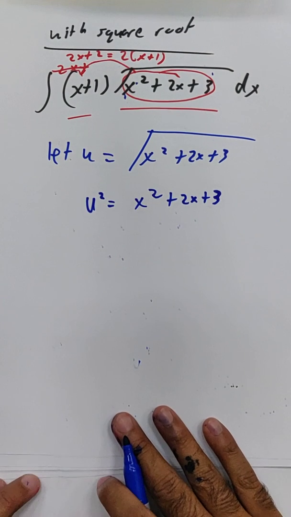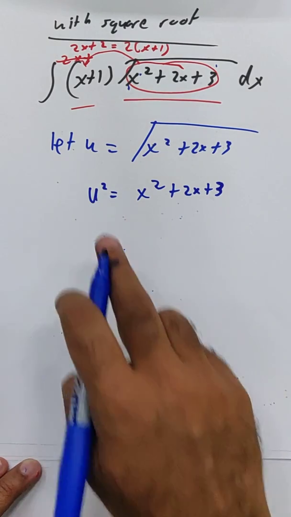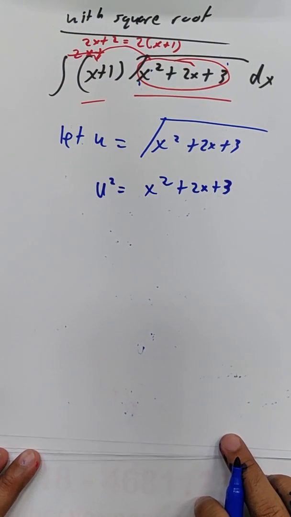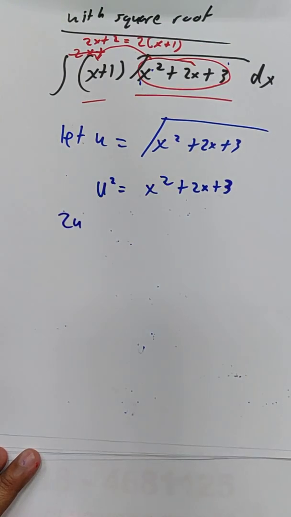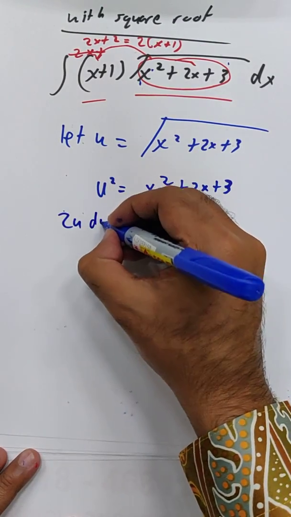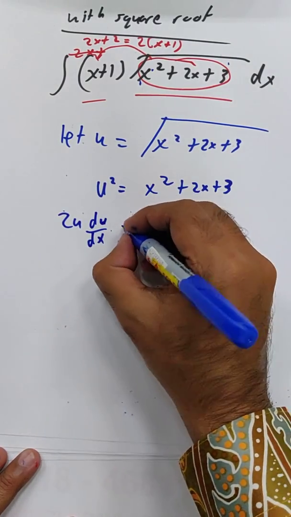Class, look very carefully. If you remember these steps, it's going to save you a lot of time. How to differentiate u squared? 2u du dx. Because we are differentiating with respect to x.